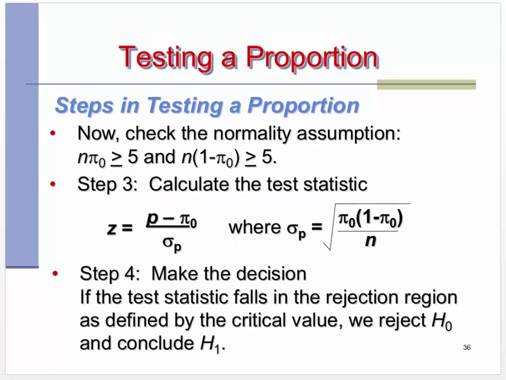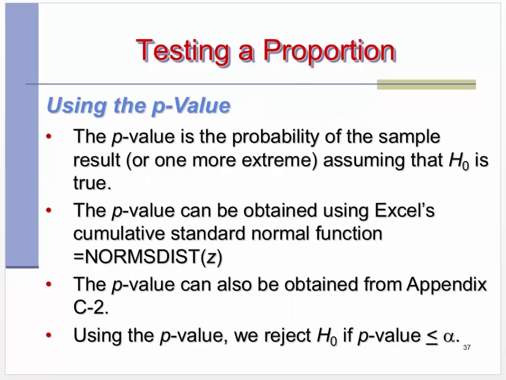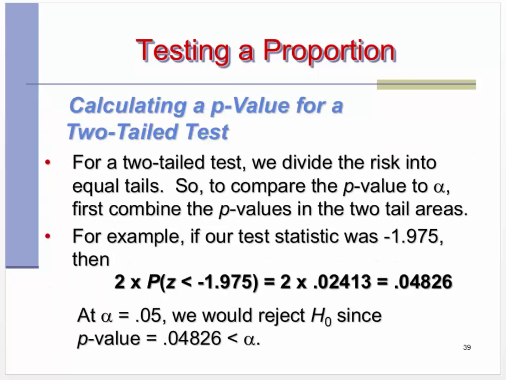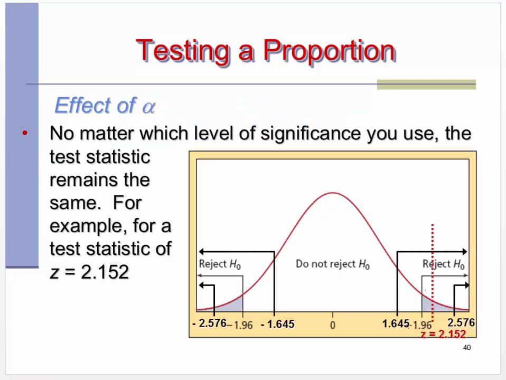This is calculating test statistics, and you can also use p-values just as before. This is calculating the p-value for a two-tail test and the effect of alpha. That concludes chapter 9, testing hypothesis. We'll continue with analysis of variance in the next chapter.